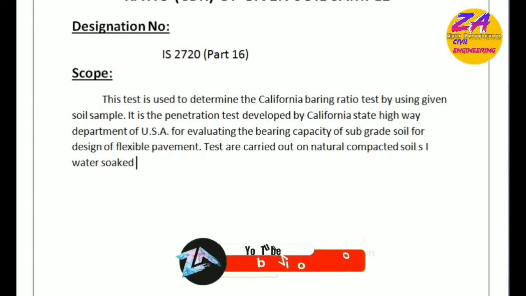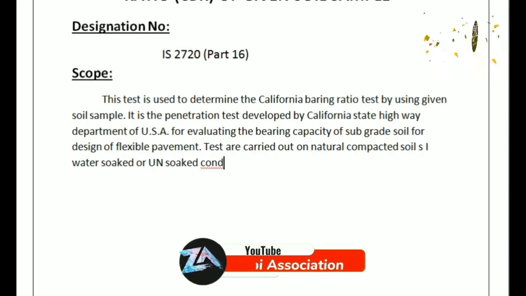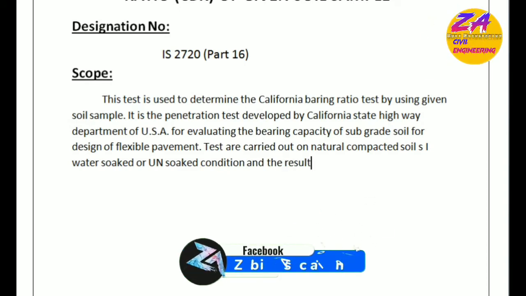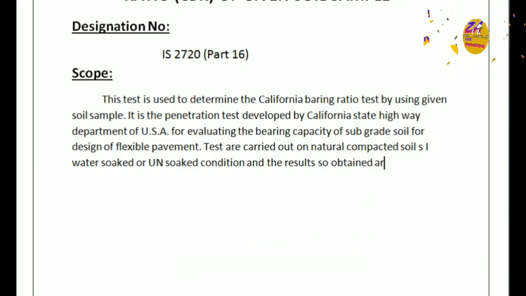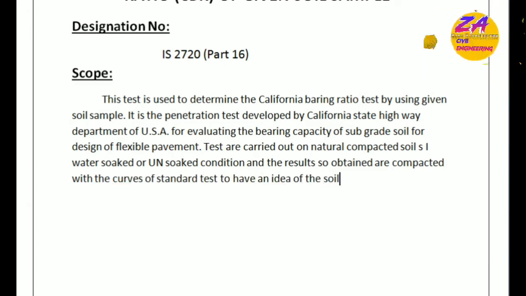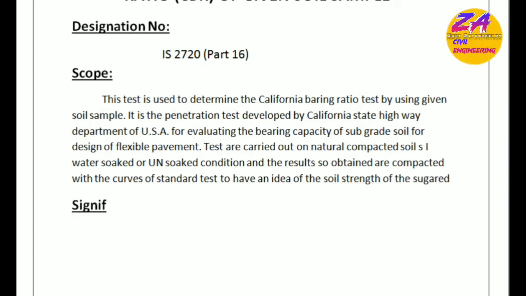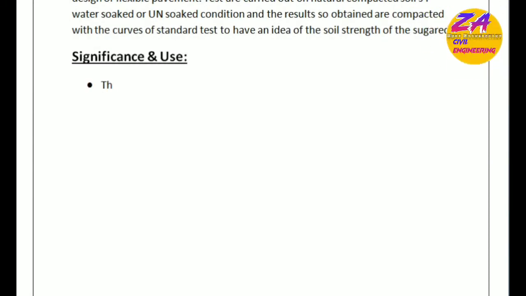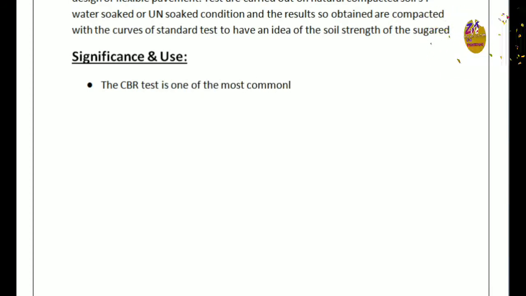Tests are carried out on natural or compacted soils in water soaked or unsoaked conditions. The results so obtained are compared with the curves of standard tests to have an idea of the soil strength of a subgrade.